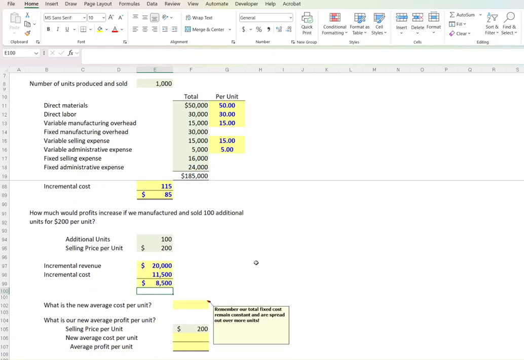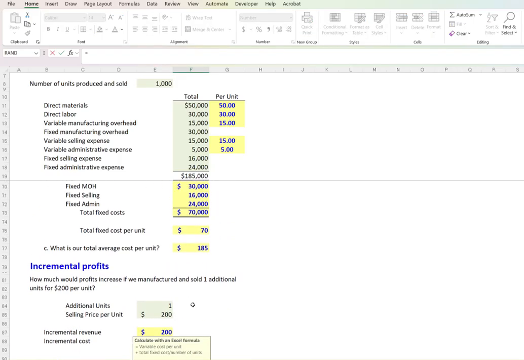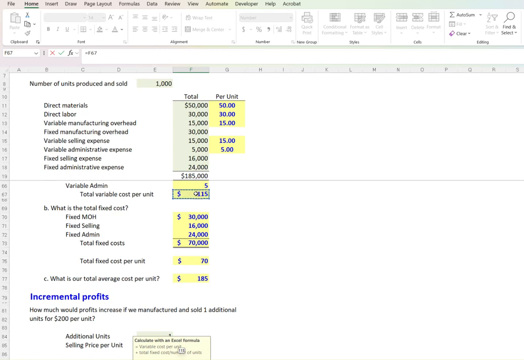And our average cost per unit at this higher level of production, it's going to be our variable cost per unit, which was, again, 115, plus the $70,000 in fixed cost divided by the total number of units.